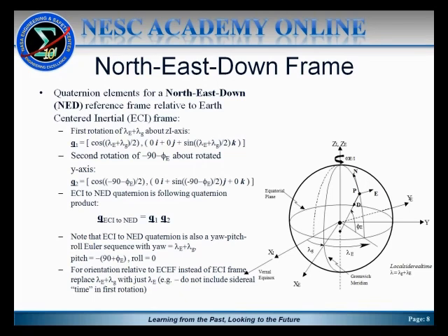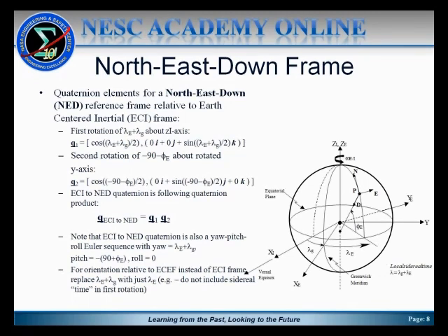So if you're not familiar or comfortable working with quaternions, you can also just define that as a yaw, pitch, roll Euler angle sequence. If you desired the northeast down frame orientation relative to the Earth-centered, Earth-fixed, also referred to as Earth-centered rotating frame, instead of the Earth-centered inertial, you would just replace in the equation above the parameter lambda e plus lambda g with lambda e itself.